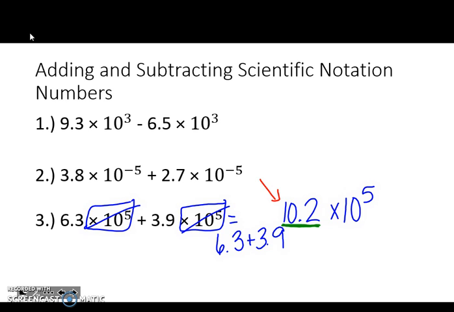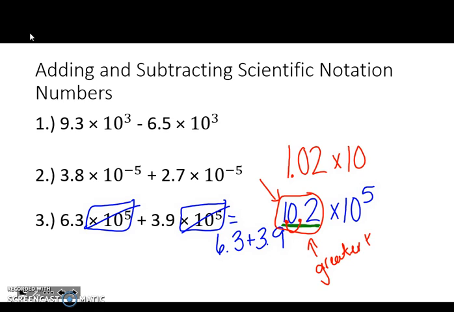So since it is greater than 10, we're going to move this decimal so that it is in the correct spot. So that number is now going to be 1.02. Guys, if I change my leading term, I have to change my exponent. And since this was greater than 10, we add 1 to the exponent when we change it.